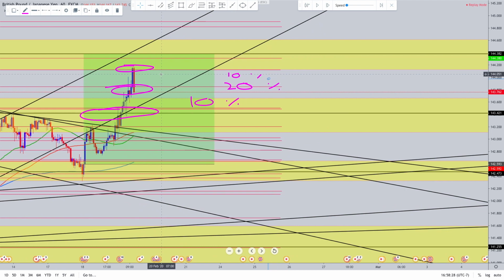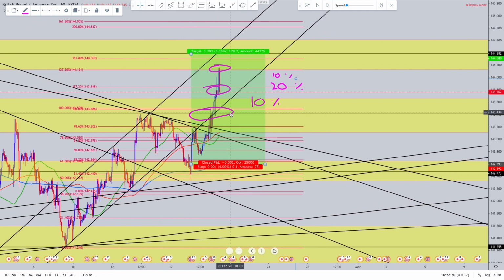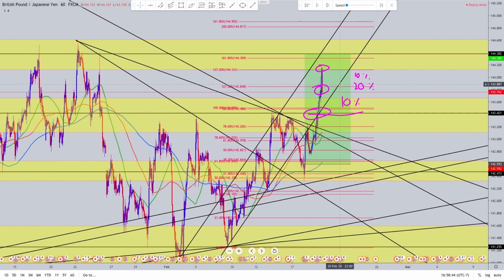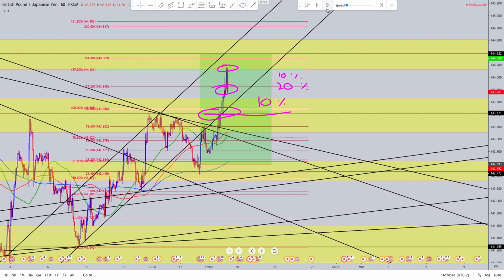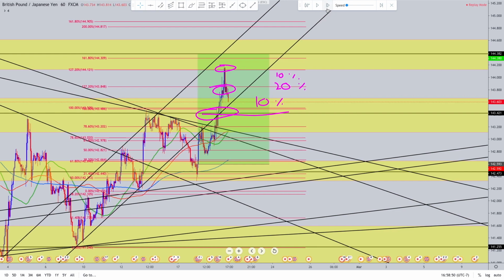You know what? At this point, let's move our stop to like this area here, just so we can secure some profits, and basically just let it run, and if we get stopped out, we get stopped out. If it hits our TP, then that's great. We already have 40% off, so let's take a look.